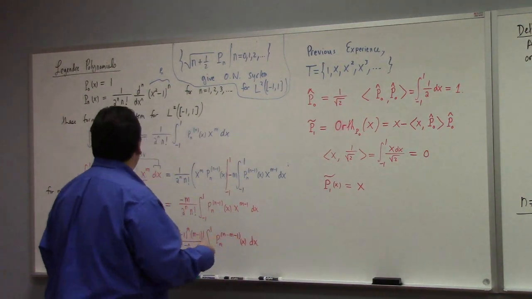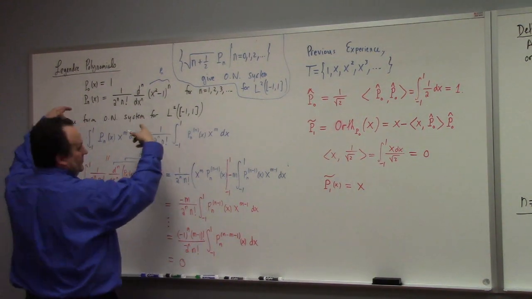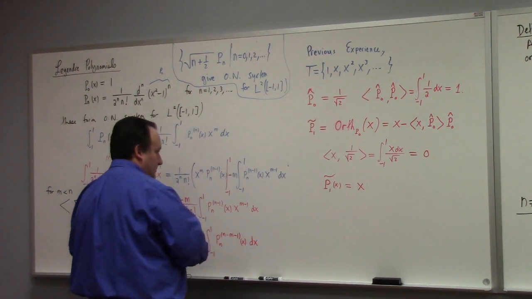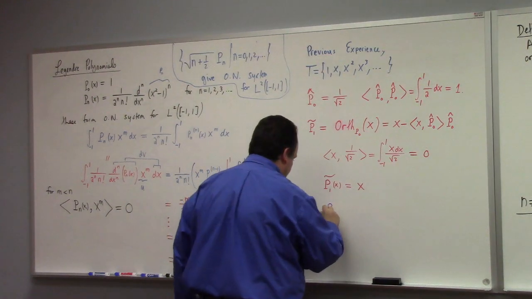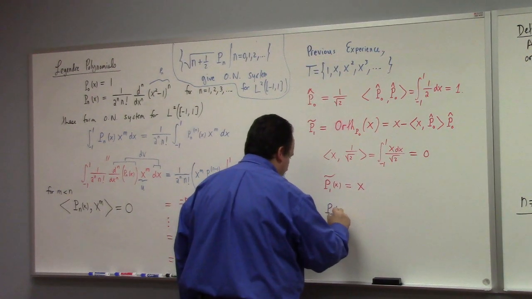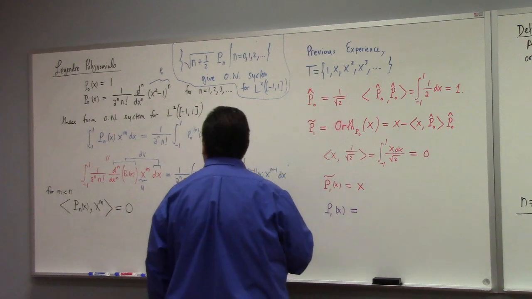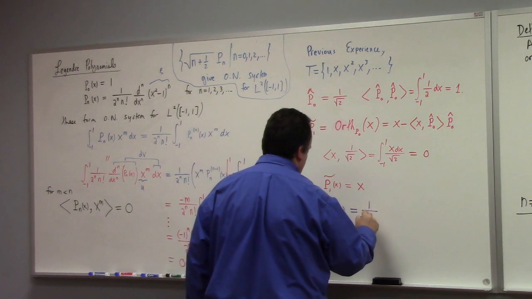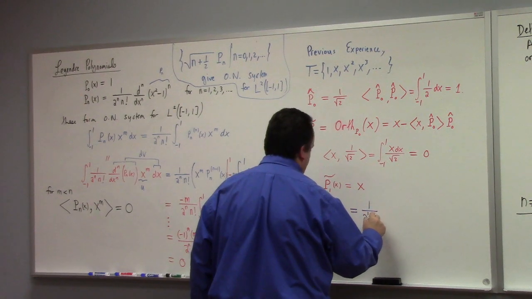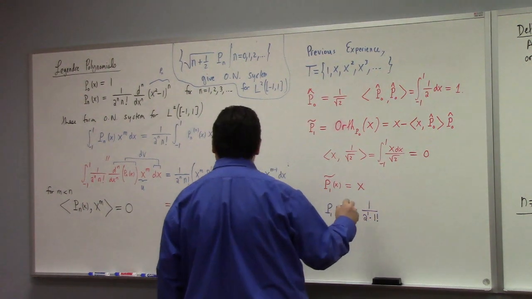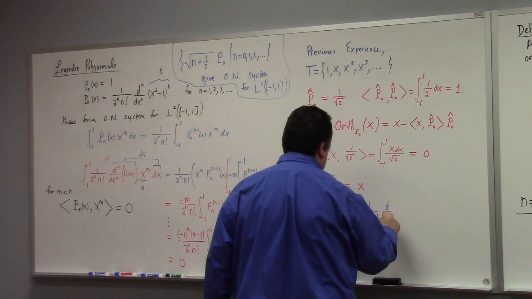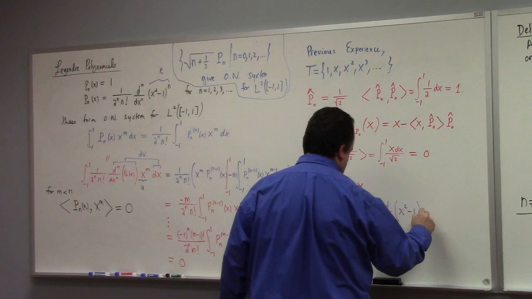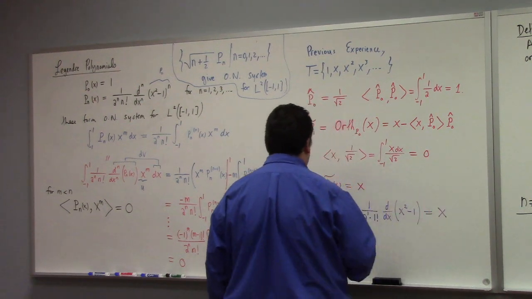What I'm wondering is, if you try this for P1, what do you get? Do we agree? What's his P1? Yeah, that would be it. So we've got 1 over 2 to the 1 times 1 factorial, times the derivative with respect to x of x squared minus 1, which is x.